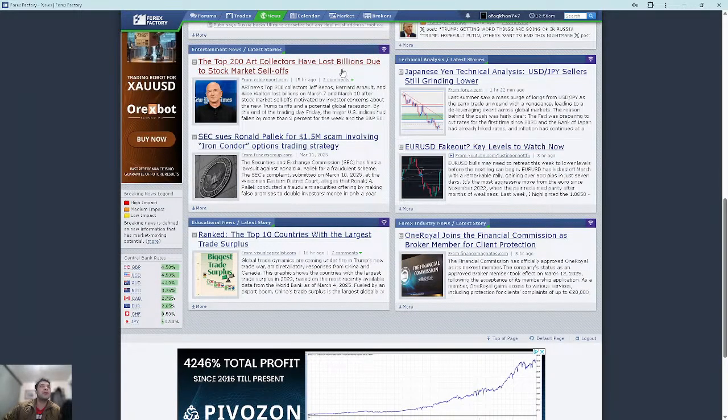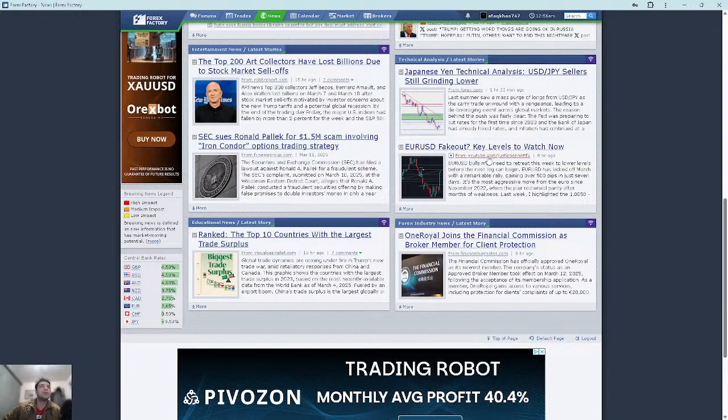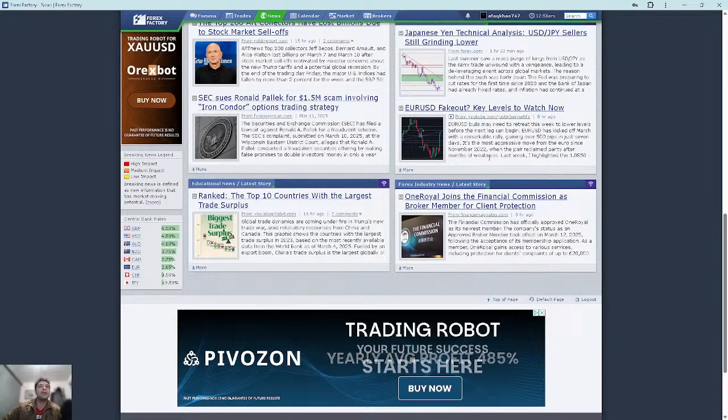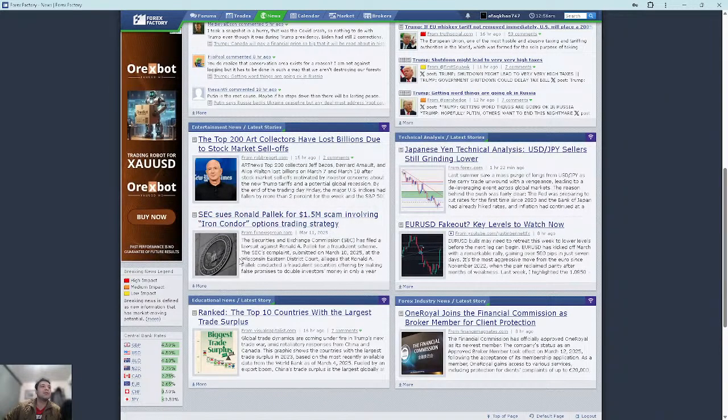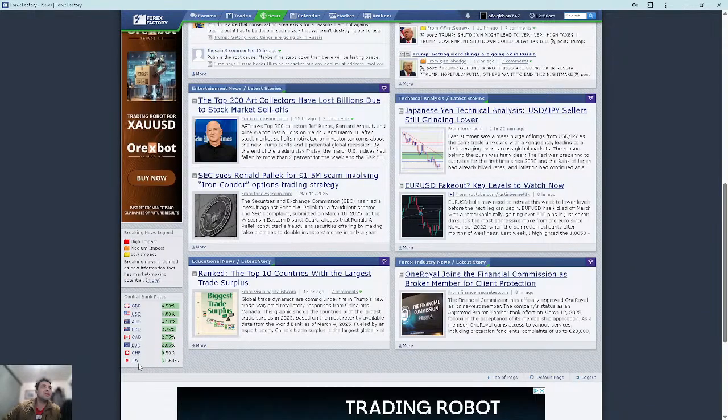So top 200 art collectors have lost billions due to the stock market sell-off, and this is the simple data out there. And if we see the central banks' rates currently, the US is around 4.50%.